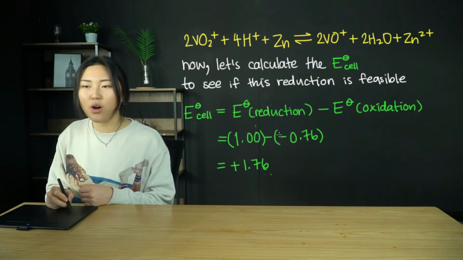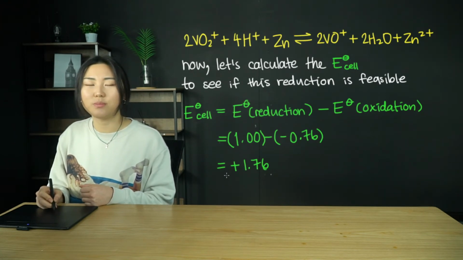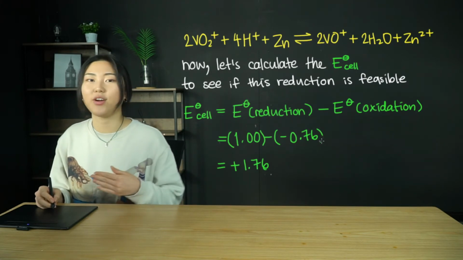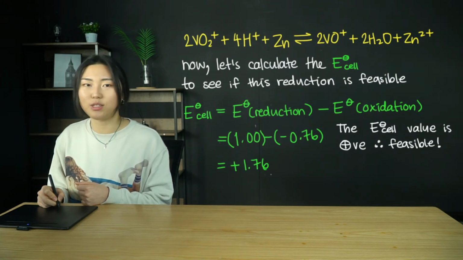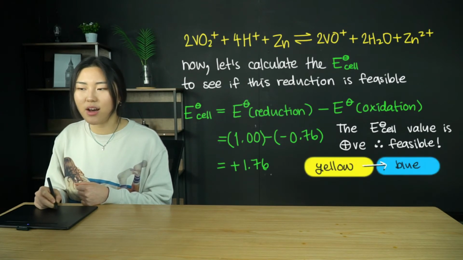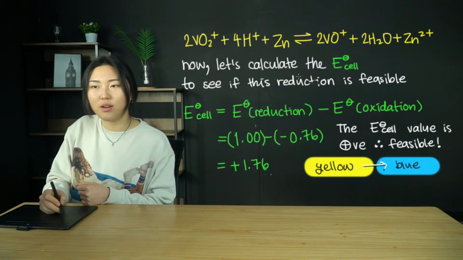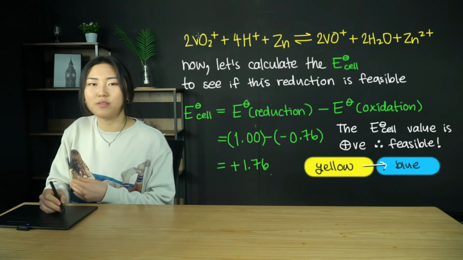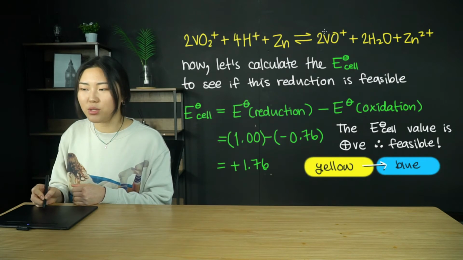So overall, the cell potential is going to be +1.76, okay? Please try and do this by yourself and check your answers as well. And this is positive, right? So therefore, this reaction is going to be feasible. And you'll know because you will see the color changing from yellow to blue, because the one with the oxidation state of +5 was yellow, and when it became +4, it turns blue, okay?